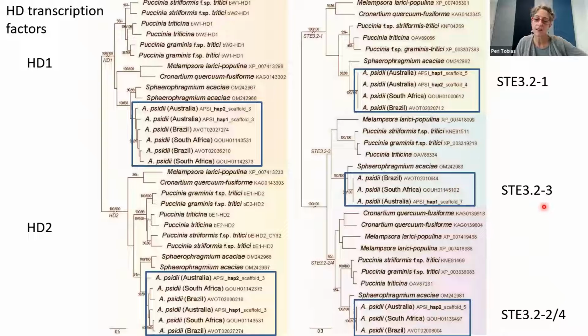Much as was found in that phylogeny, there were 3 whole genes of these pheromones. We actually have 4 because we've got an extra one based on the 2 haploid genomes. The results for the Brazil and South African genomes are likely to be due to a collapsed genome representation.